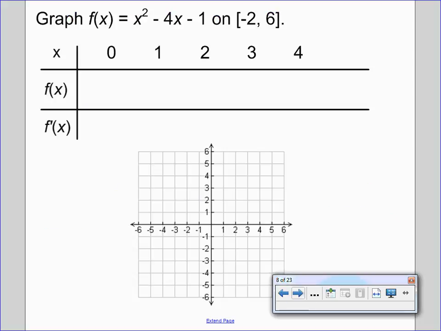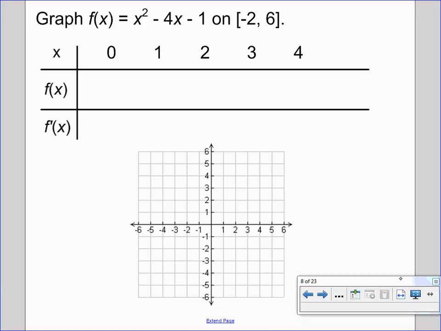So if we were to plot, and this is algebraically, some points on our original function, we've already done f of 1, and f of 1 was negative 4. So 1, negative 4, let's carefully plot that. F of 2 was negative 5, so let's plot that carefully on my original function. 2, negative 5.